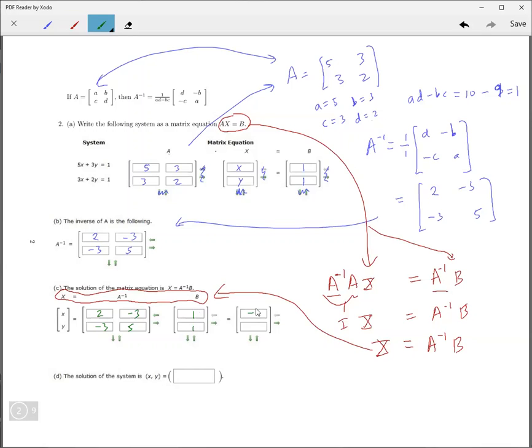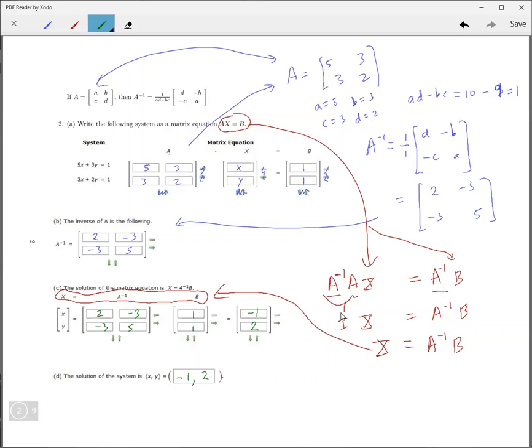Add those together, you get -1. 1 times -3 is -3, plus 5 times 1, that's 5. So -3 plus 5 is 2. So then the solution is -1, 2. Okay, so we kind of did this in a completely different way, but it makes sense because of this chain right here.